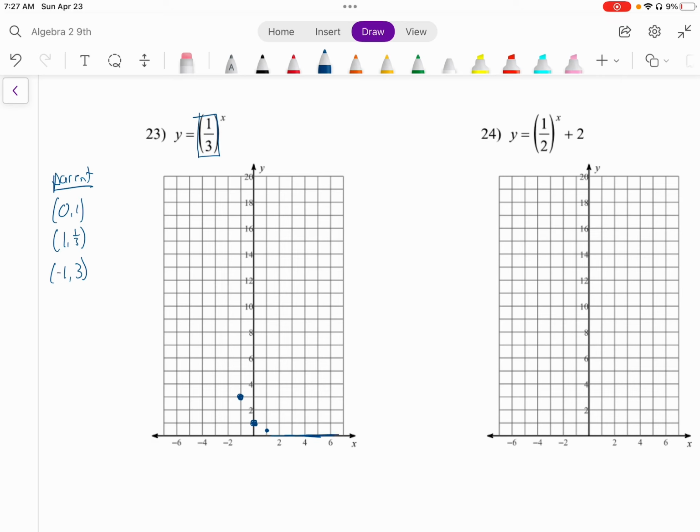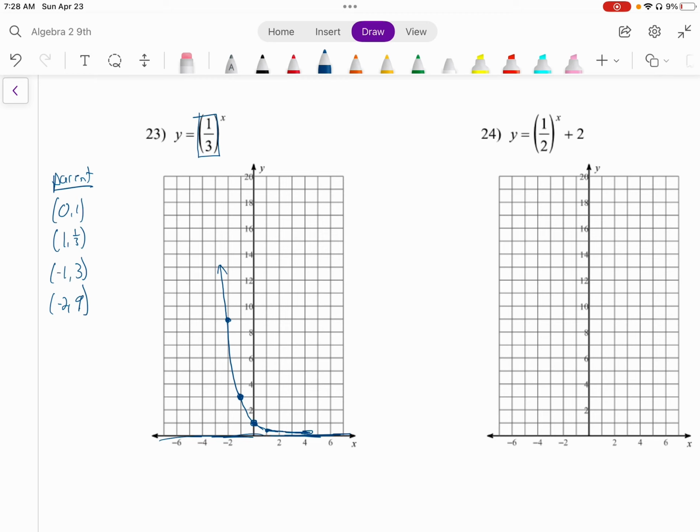So our horizontal asymptote is going to be over here on the right side. If we think through this, we should realize that, so if negative 1 gave us 3, negative 2 is going to give us 9. So we can put in another point there if needed. And there's the graph of y equals 1/3 to the x.